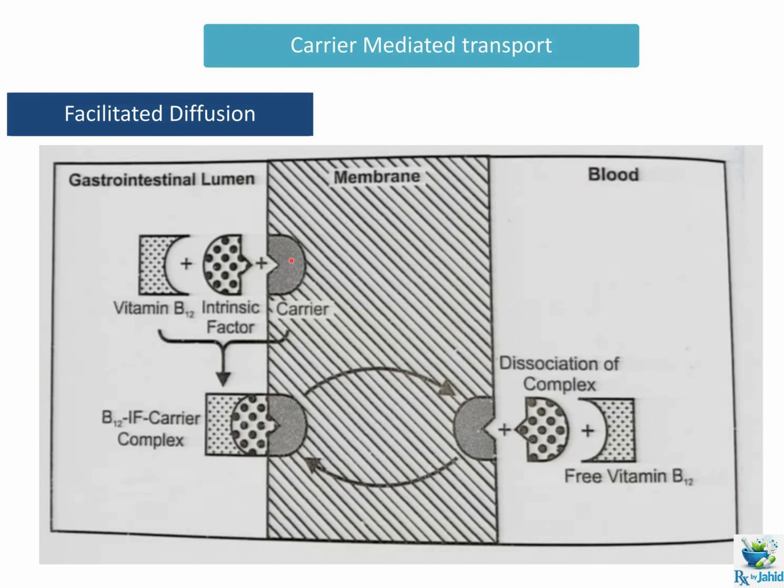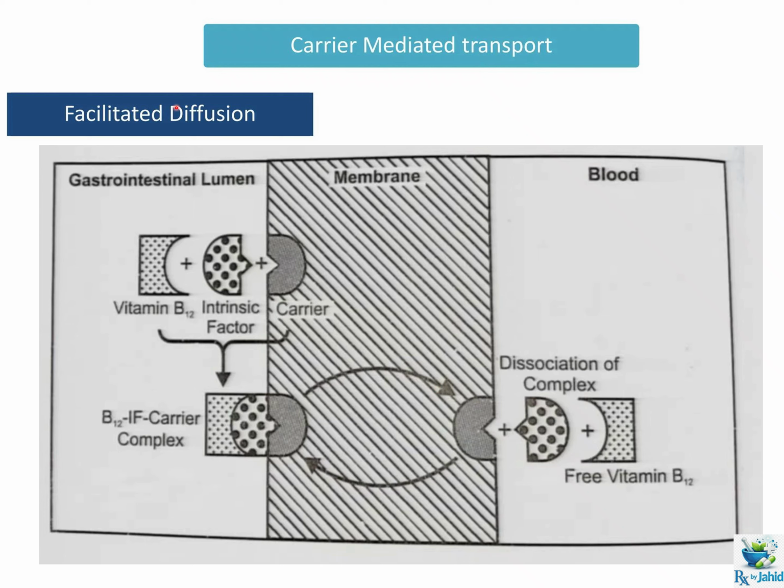This is a carrier. This is vitamin B12, which has a high molecular weight. Then this is an intrinsic factor which helps in the binding of the drug with the carrier. So after that, a complex is formed, which would ultimately get into the blood, and after coming into the blood, it will dissociate.